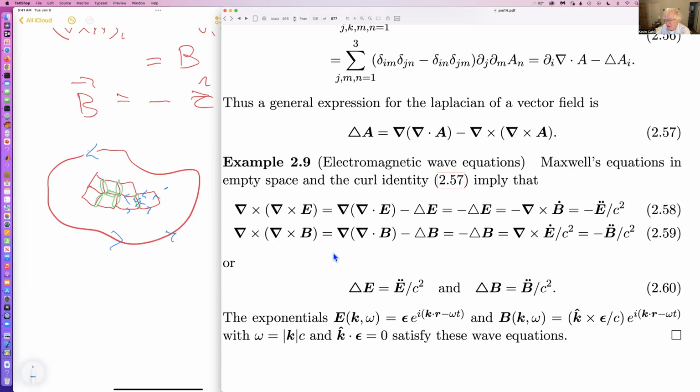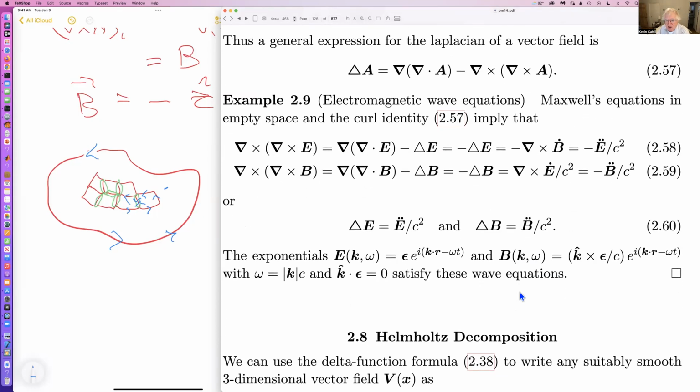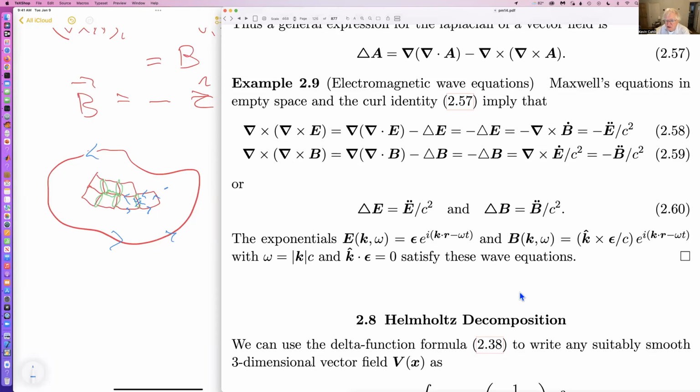Similarly, the curl of B gives you minus B double dot over c squared. Now if you combine this piece with that piece, you get this equation, and if you combine this piece with that piece, you get this equation. And these simply are the wave equations for the electric and the magnetic field in vacuum.